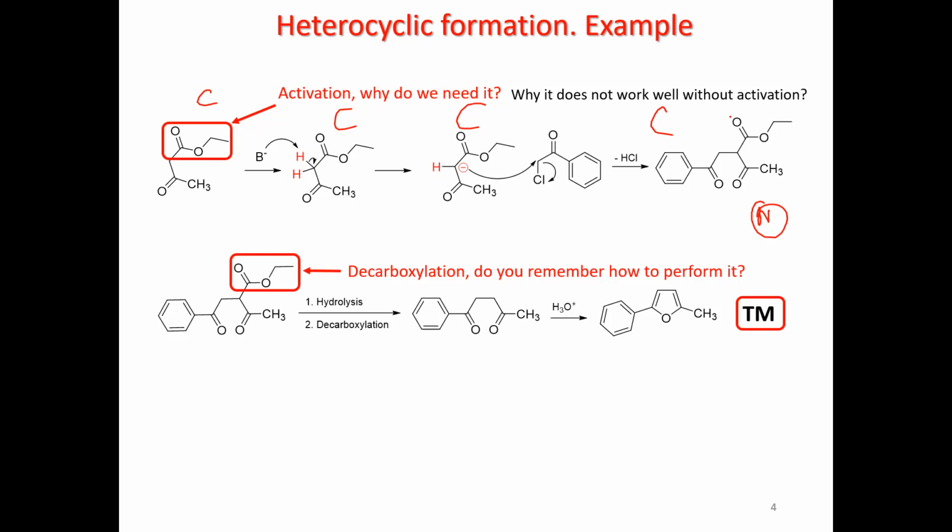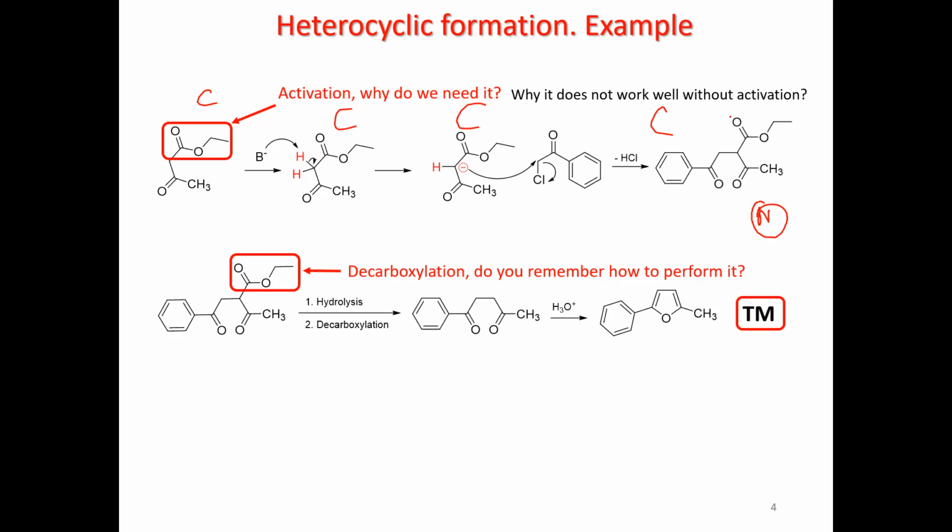You need this one to selectively take only one proton. If it's in between two carbonyl groups, it's far more acidic. You don't have any possibility that the base takes this one. You don't have any kinetic versus thermodynamic problem. It always gets this one, they're far more acidic. So selectively get this one. So you use the ester group as an activator.